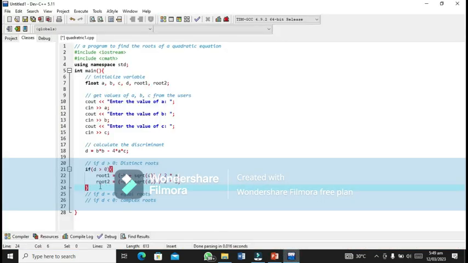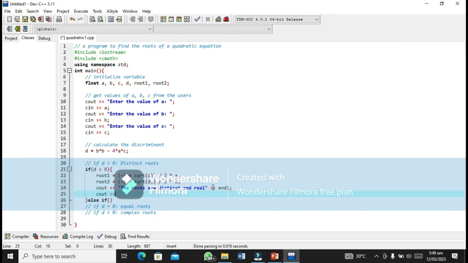Now we have our else if, and we have the condition. So here at this point you can decide to display, say, the roots are distinct. And I'd like to use endl here to push it down, and I can cout the values.